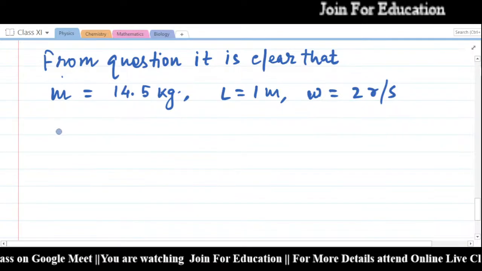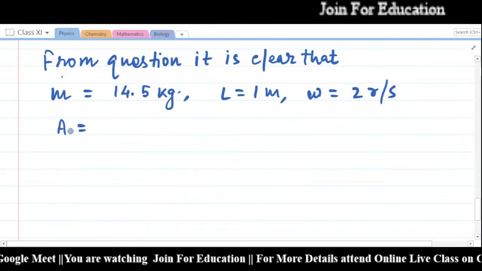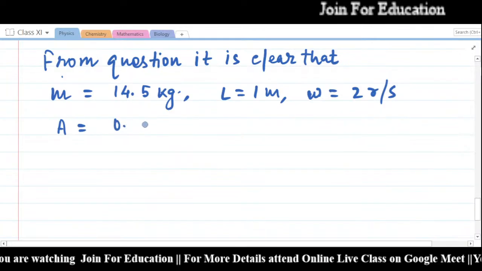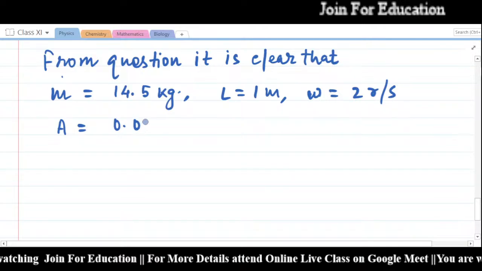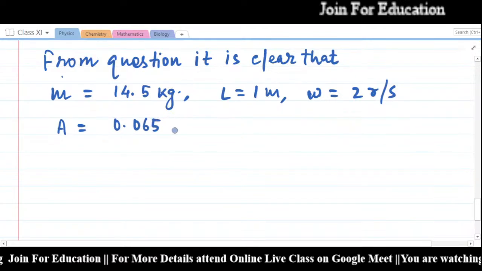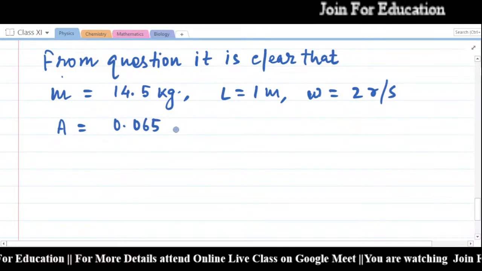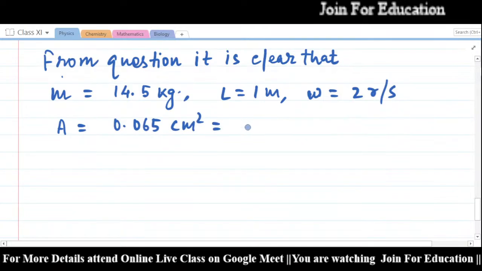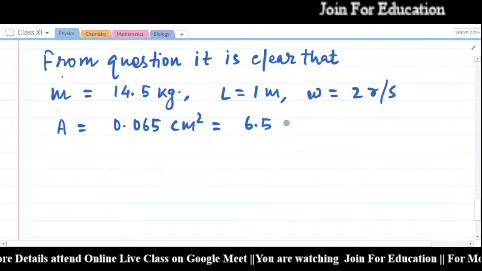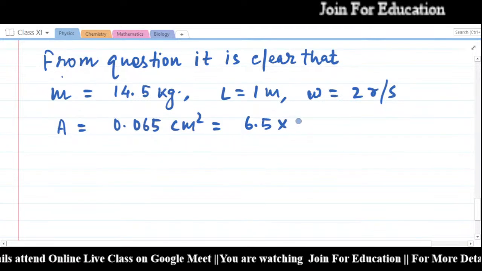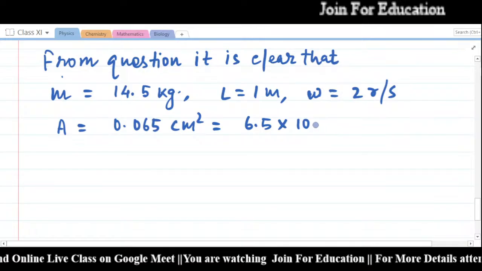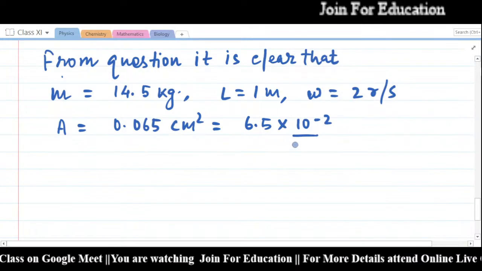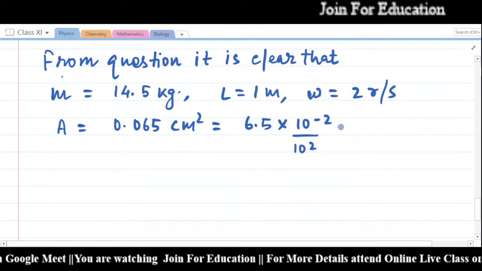and cross sectional area, which is generally denoted by A, is 0.065 centimeter square, which in standard form will be 6.5 into 10 to the power minus 2 divided by 10 to the power 2 meter.